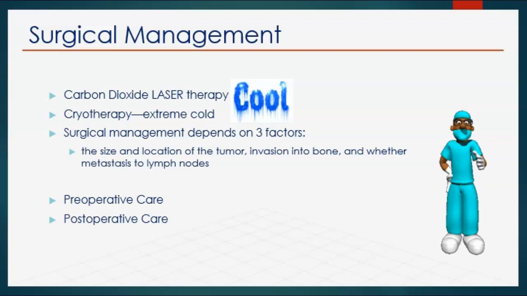So elevate the head of the bed and constantly monitor for airway obstruction. Keep the incisions clean. Monitor their oral cavity for foul odors, which might indicate an infection. They may need NG feedings or total parenteral nutrition until they can swallow or eat again. Once they begin eating, again, watch them for aspiration.